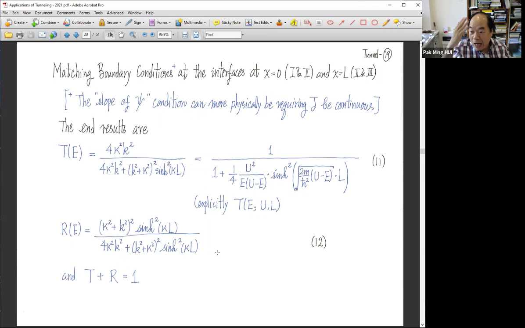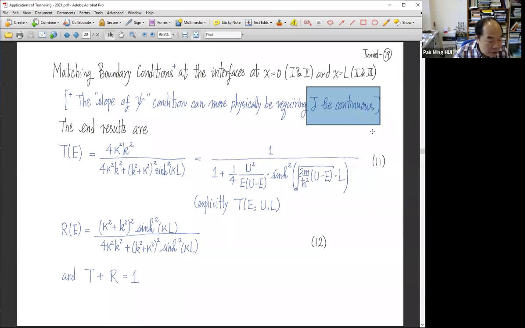So now, how to solve for F over A, B over A? Easy. Match boundary conditions at the two interfaces, 0 on the left-hand side and the right-hand side of the barrier, okay? And L. L is the width of the barrier, all right? Now, in the past, you may be focusing on the wave function being continuous and the derivative being continuous. But actually more physically, it is the J that is continuous.